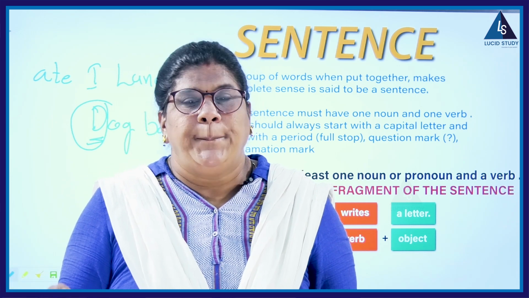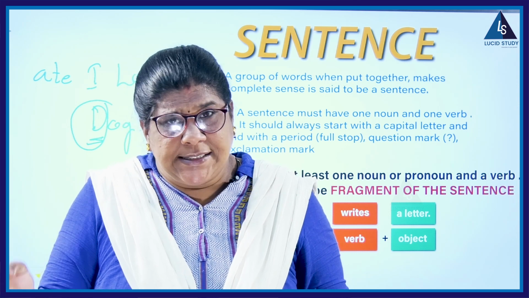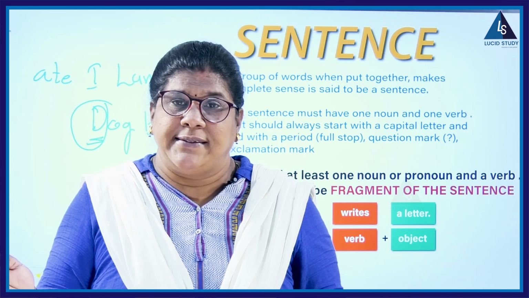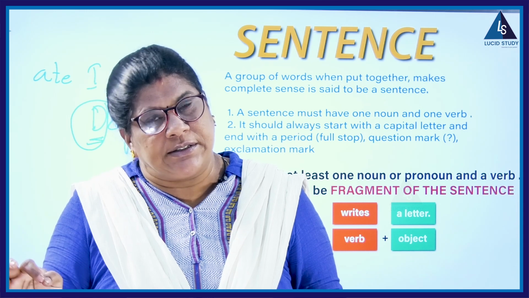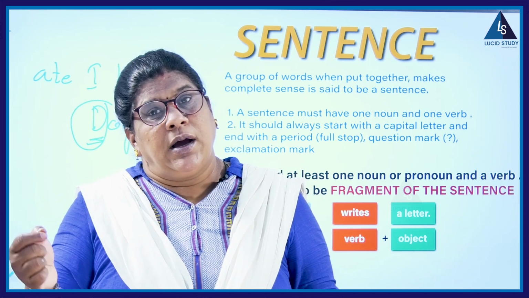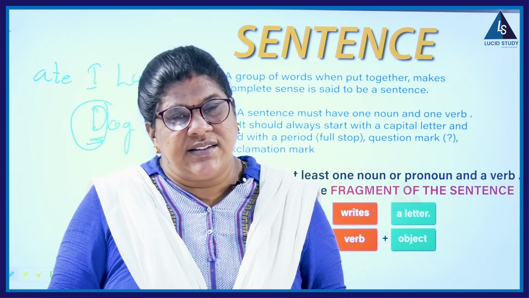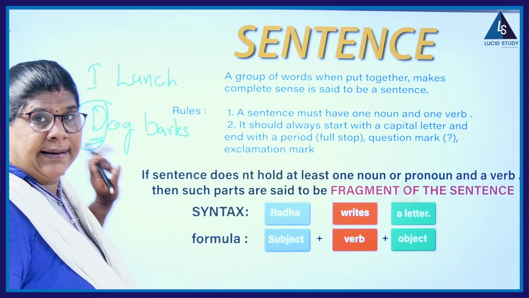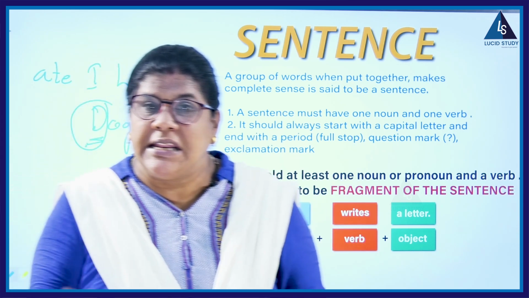But here, whether you are writing an adjective, an article, a noun, or even a questioning word like what, how, when, whenever you start a sentence, the first letter should always be a capital letter. And it should end with a period.